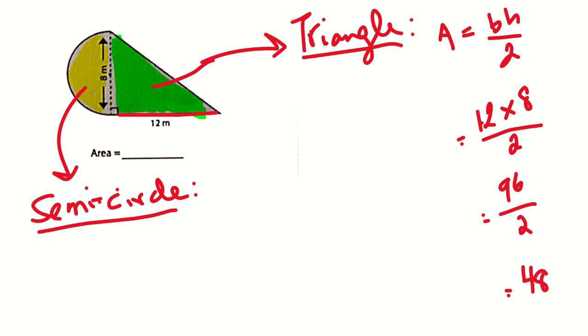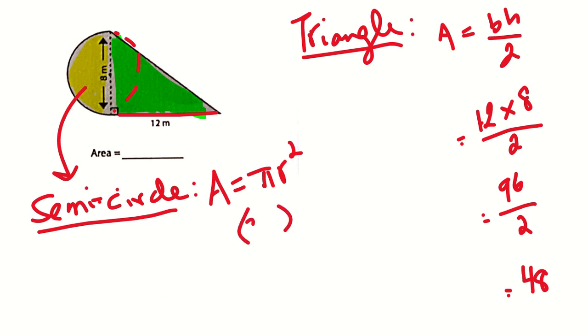Now the semicircle. Here's how you solve a semicircle. We have to pretend that it is an actual full circle, just pretending to help us out. We'll do the semi part of it later at the end. But we pretend it's a full circle and we use the circle formula, which is area equals pi r squared.